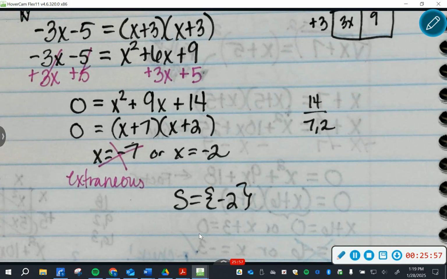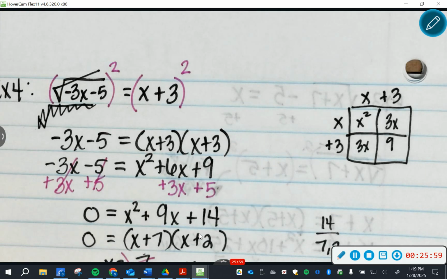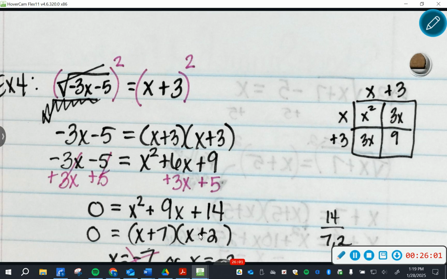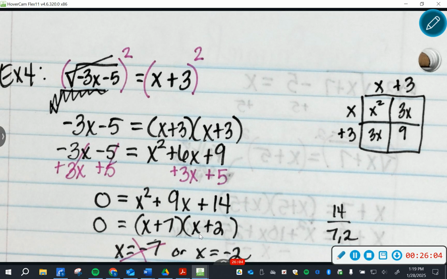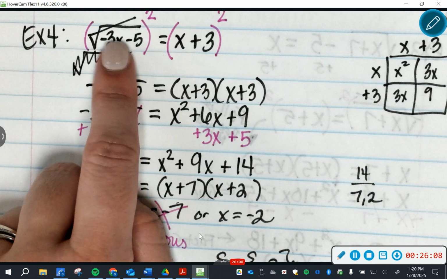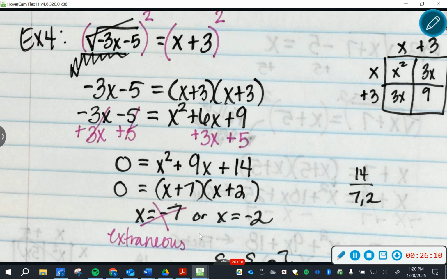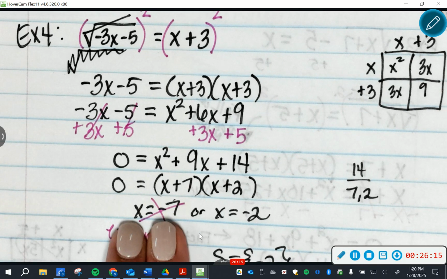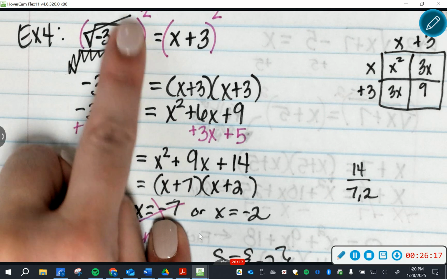Now how could I know? Is there a way that you can know that without necessarily grabbing Desmos? Yes. There's a way you can find out that negative 7 is extraneous. Square roots can never equal what kind of numbers? Negative, right? So if you plug in negative 7, who cares what this is, this is a square root.